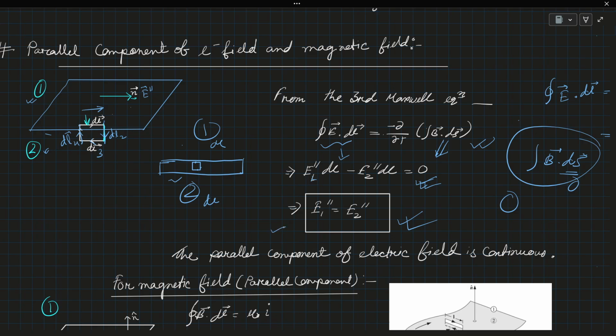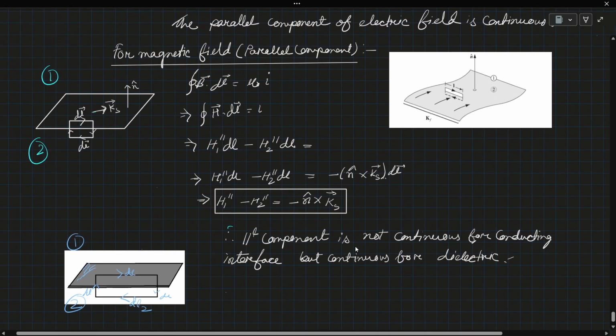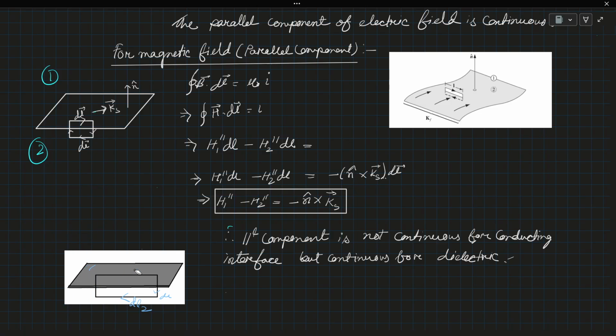So this is the behavior of the parallel component of the electric field. Now for the parallel component of the magnetic field, let us proceed further. In order to find its behavior, let us again consider an interface.